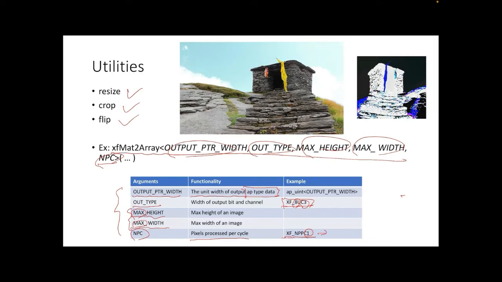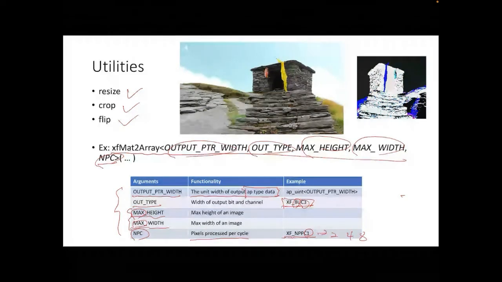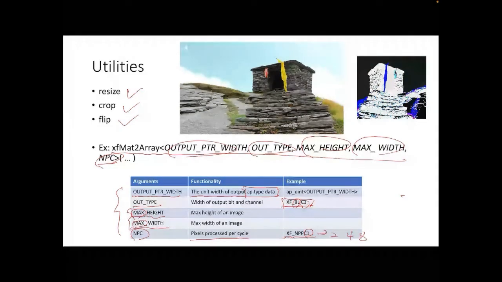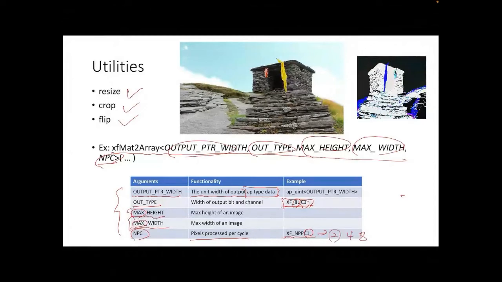If you change it to 2, 4, or 8, you can send more pixels in the stream at one time, for example 2 pixels, 4 pixels, or 8 pixels.